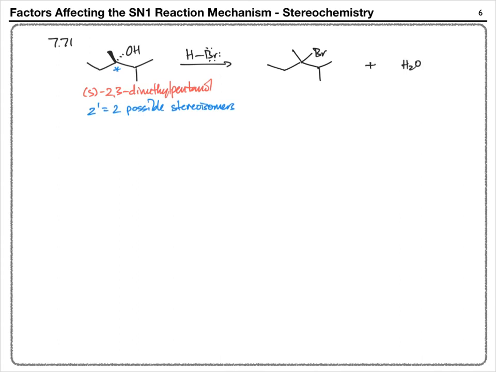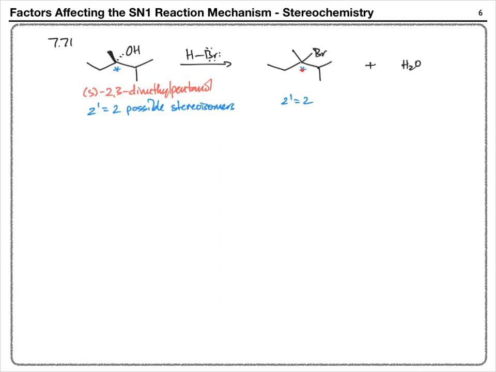We're showing the S. Now in the product, how many stereogenic carbons are in the product? So we have 1, so we have 2 possible stereoisomers. Now I know it's subtle, but in the starting material, we're specifically showing this as a wedge and this as a dash. That allowed us to determine this, correct?